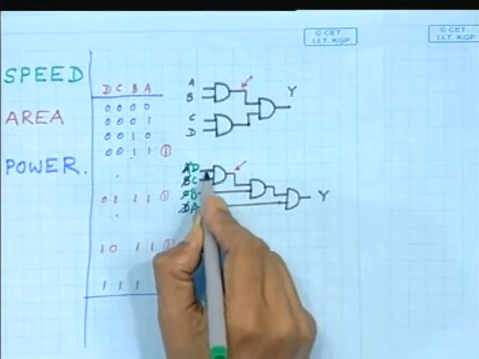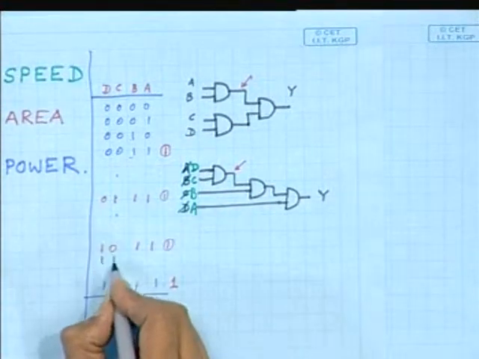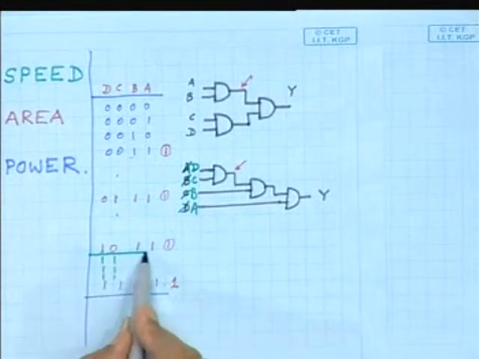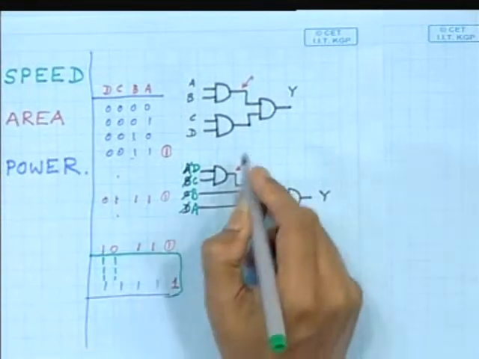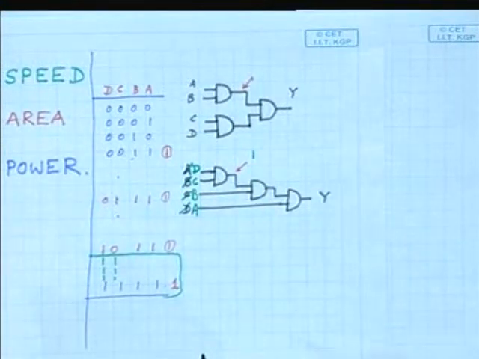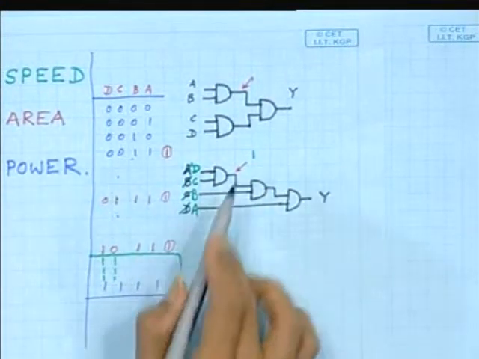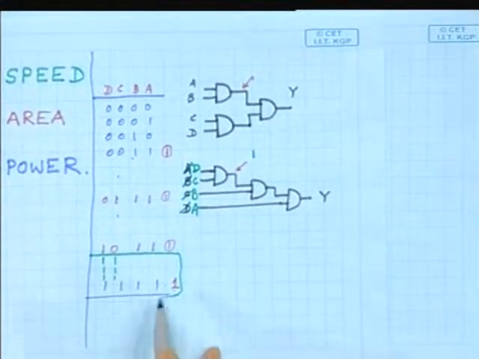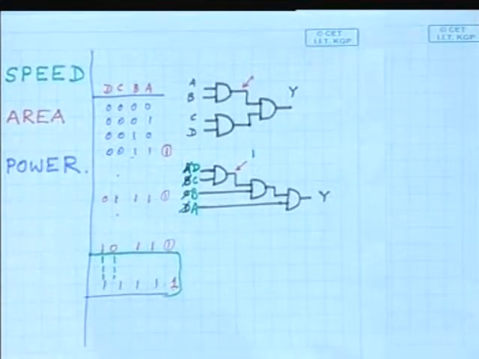So C and D will be high only in the last part. So when it enters the last quarter of the operation, then only it will become high, and it will remain high till you have the final output high. It will not switch between zeros and 1 unnecessarily.